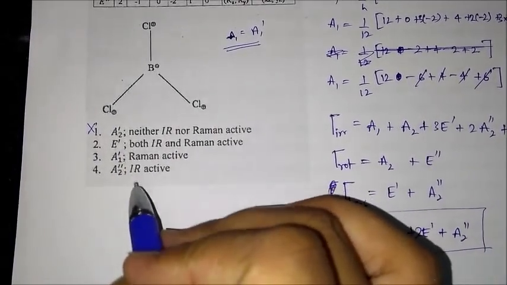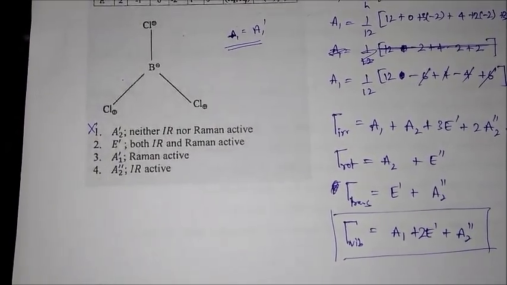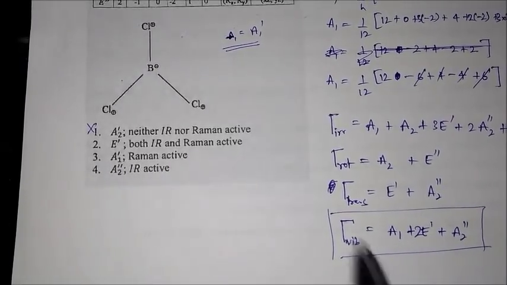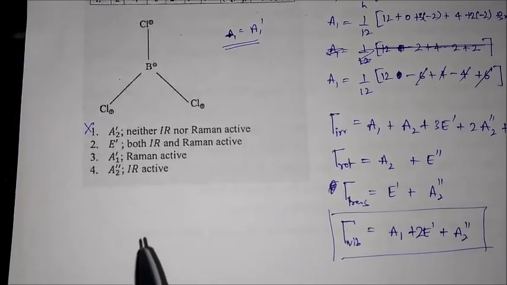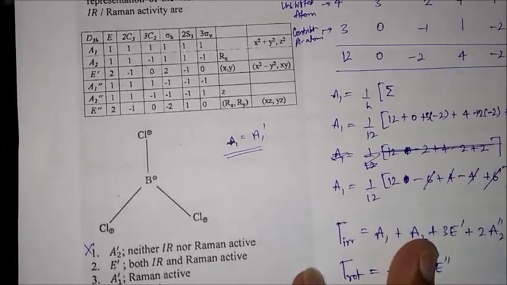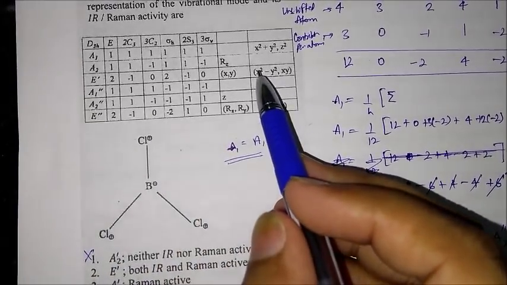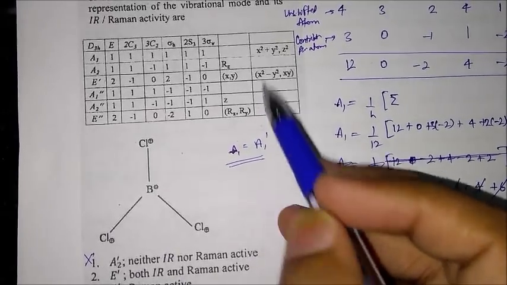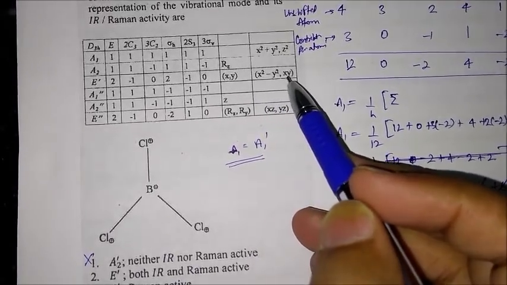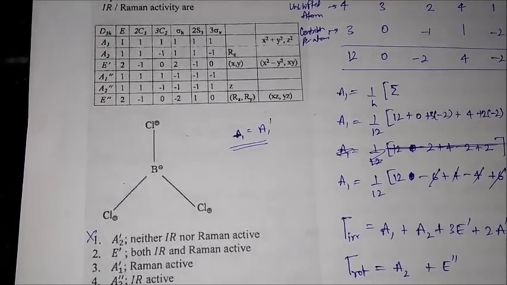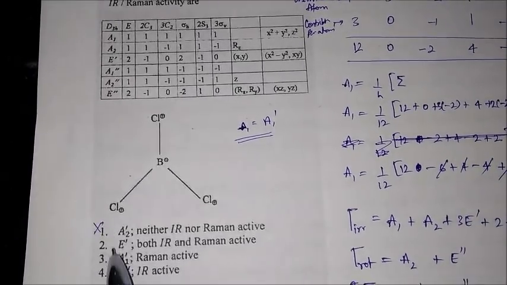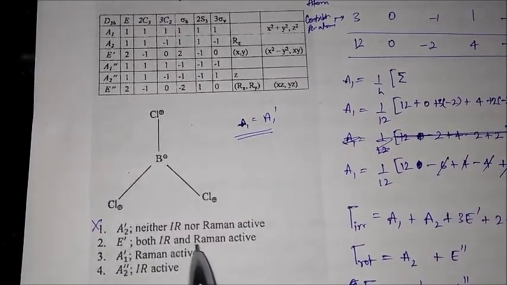You have to just check among all these three. First check whether a1 is Raman active. For Raman active you should get double coordinates in front of it, like xy, xz, or x square, y square. Let's first check e prime: is it IR and Raman active?